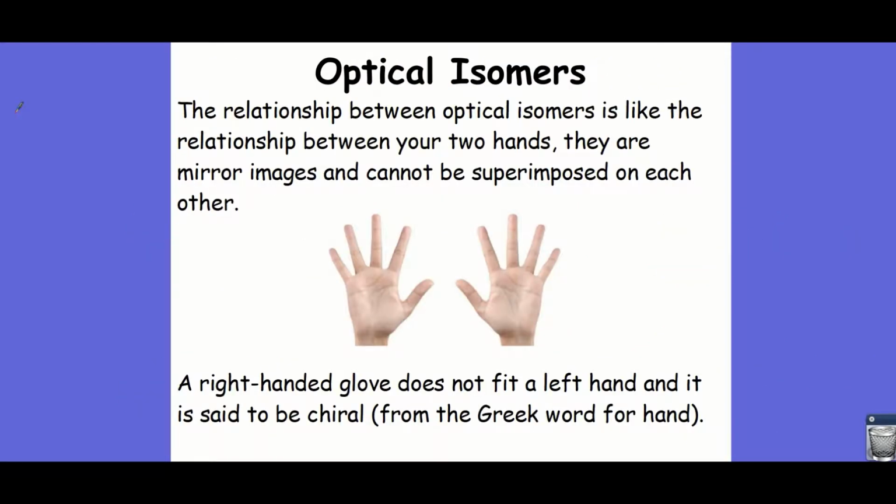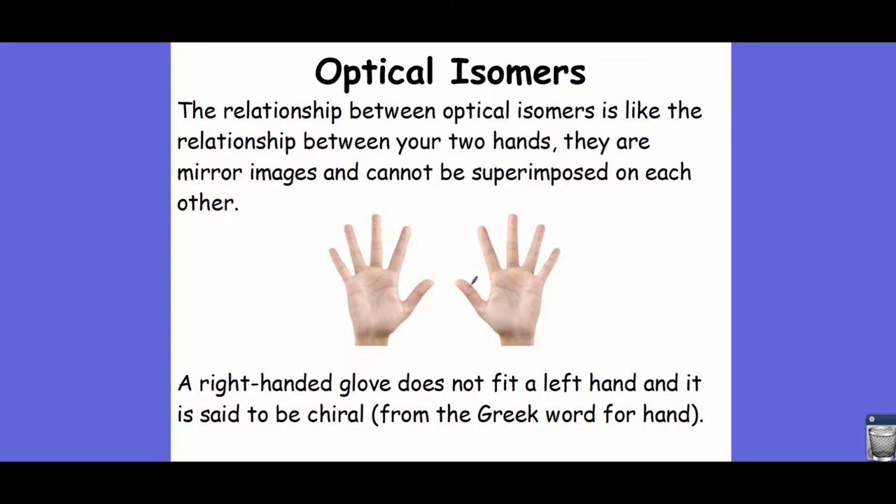So our second type of stereoisomer is an optical isomer, and the relationship between optical isomers is very much like the relationship between your 2 hands. If we think about your 2 hands, your fingers are arranged in the same order on each hand.